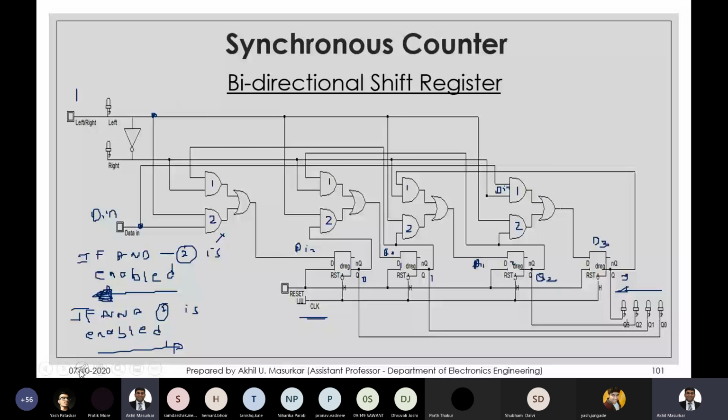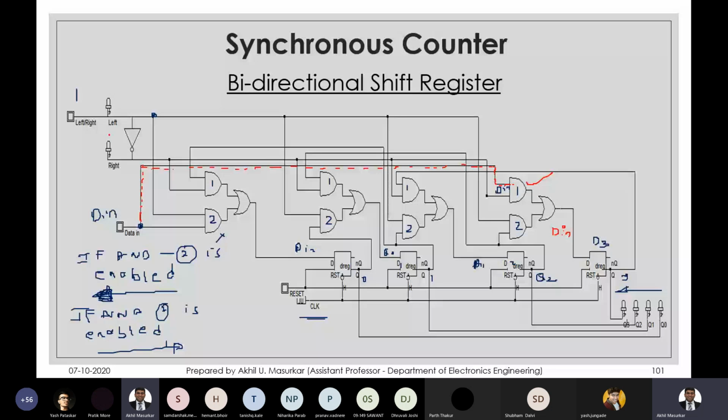If you want, I'll just trace the connection. First, you can see this D in. I'm just going to make this diagram dirty now. This is my D in. If you trace this line, it comes into this. If I enable this one, this D in will come here. So the data input you are giving is on the last flip-flop. That is what you did when you were trying to do right shift.